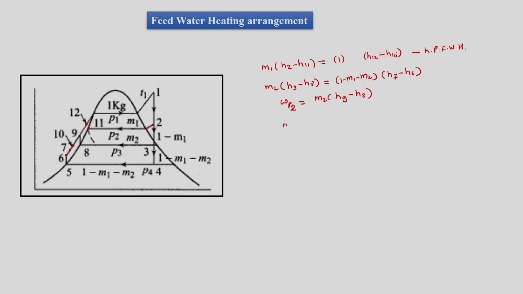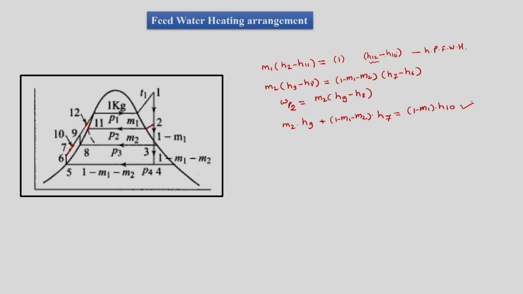Then M2 mass of water at state 9 is mixed with (1 − M1 − M2) mass of water at state 7, such that we have (1 − M1) mass of water at state 10, and this is what is used over here.